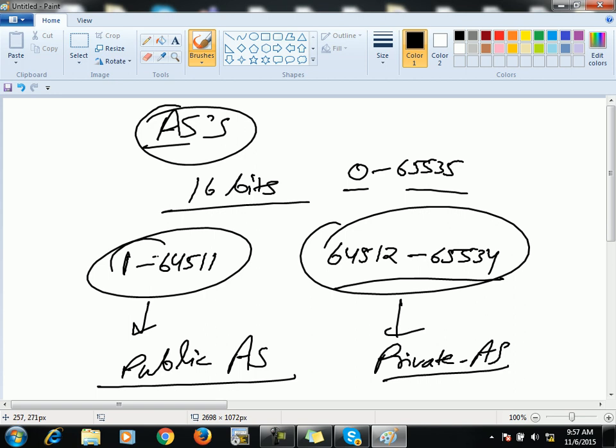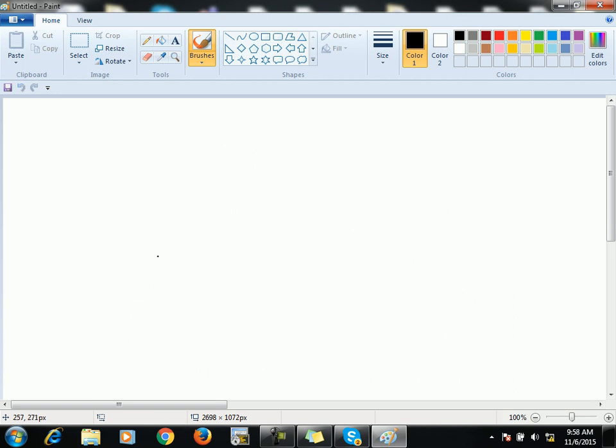Fine. Nowadays they have made some changes in ASs as well. Now they have 32 bits long ASs. In the case of 32 bits long ASs, you can represent numbers from 0 to 4.2 billion. You can take any number.